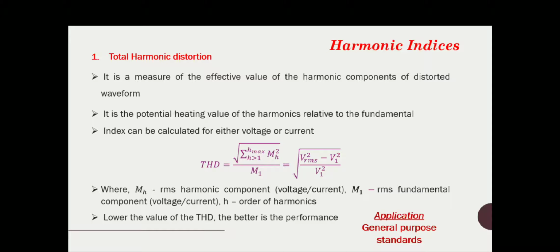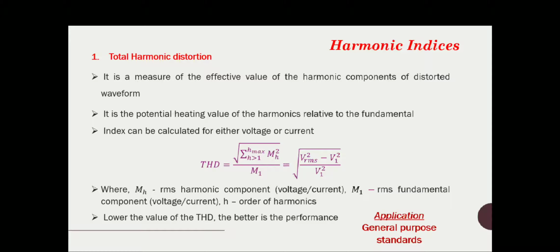So, total harmonic distortion can be calculated using the equation given here. A general equation is written here. THD is equal to square root of sigma h greater than 1 to h max Mh square divided by M1, where Mh is the RMS value of harmonic component h of the quantity M. It can be either voltage or current.